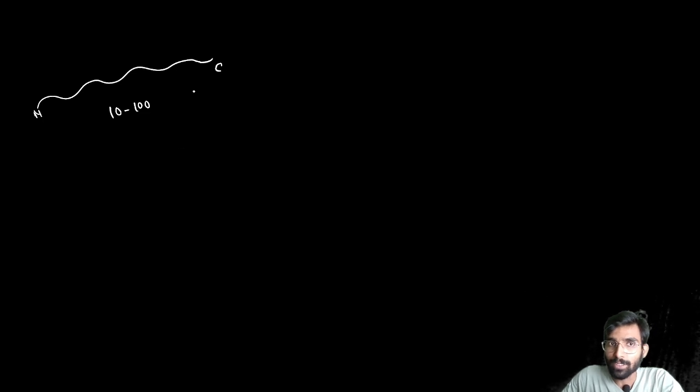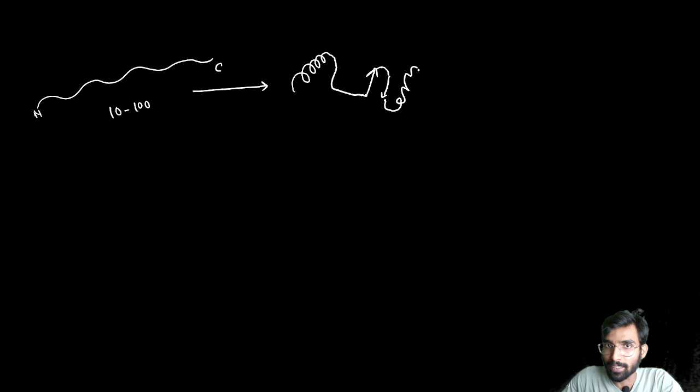Now this is the primary structure. From here you make the secondary structure, like that. And again that part is forming beta pleated sheets, that is a loop, that is beta pleated sheets, and after that again it's forming something like a random coil.